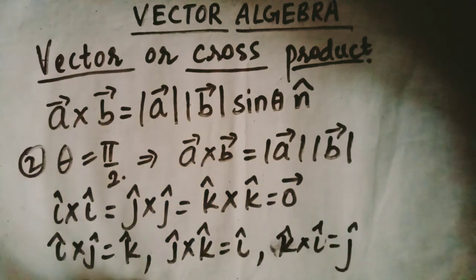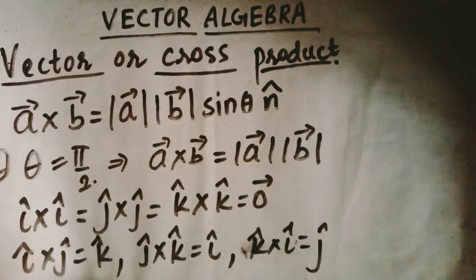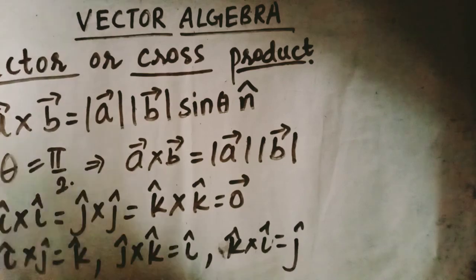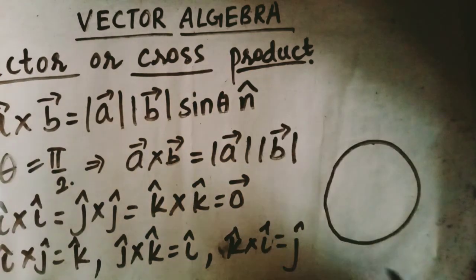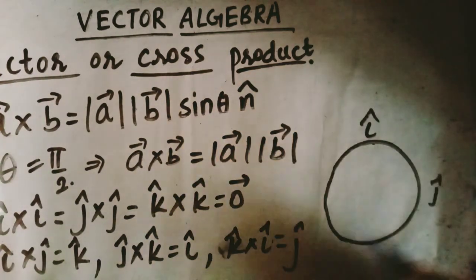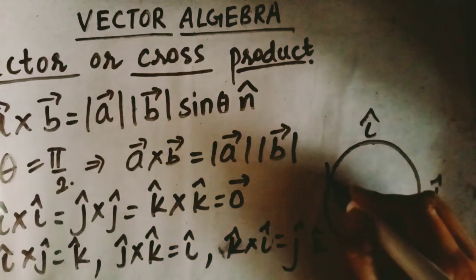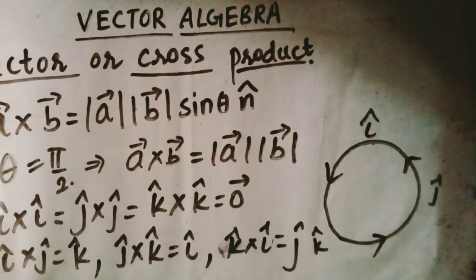Okay, so for this you have to remember one diagram that is like this. I, J, K, and you are going in this direction.